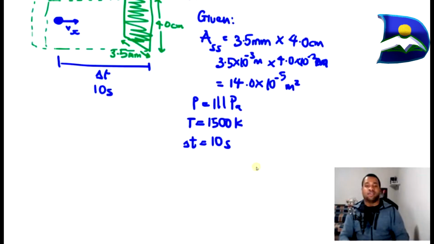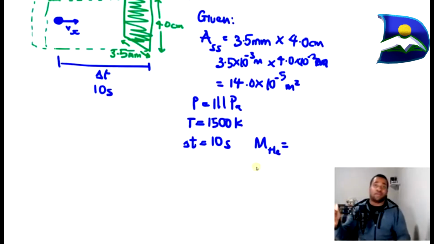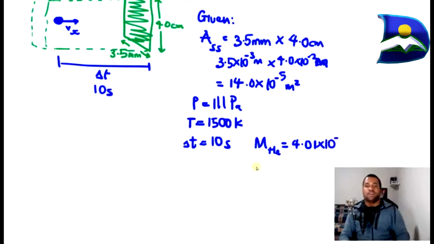Next is the atomic weight of helium. We need to convert it from grams per mole to kilograms per mole. Looking at the periodic table, it is around 4.01, and converting it to kilograms per mole, we multiply this by 10 to the negative 3 kilograms per mole.